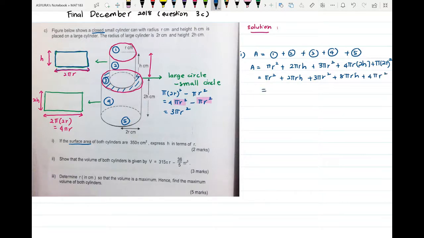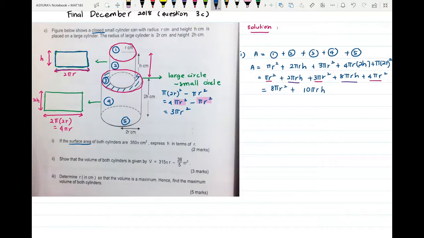Then simplify, we have 1 plus 3 is 4, 4 plus 4 is 8. So we have 8 pi r square, plus 2 pi r h plus 8 pi r h, we have 10 pi r h.